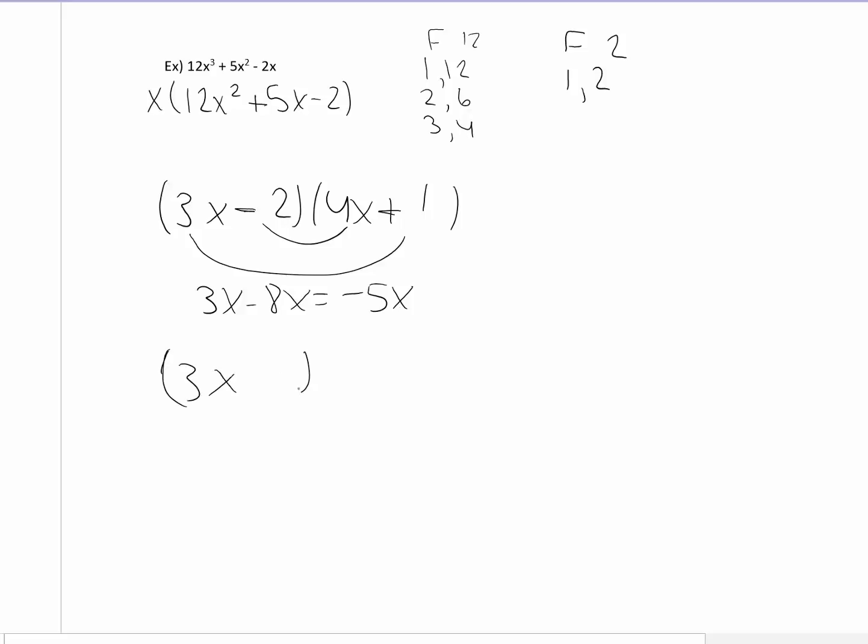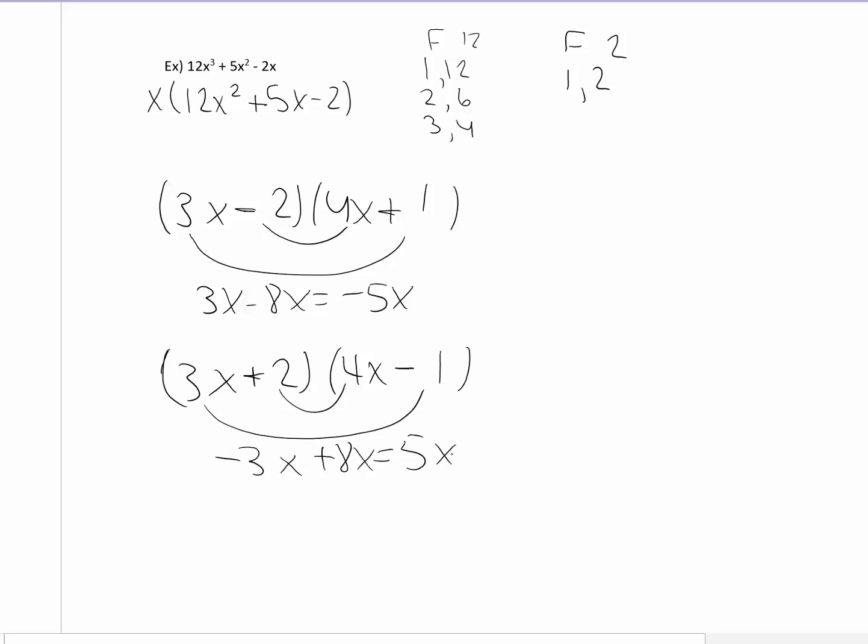You keep the numbers exactly the same, but you change the signs. Now, let's check. Now we have the right number and the sign. Your final answer is the x that you took out as a greatest common factor, and then these two other factors also.